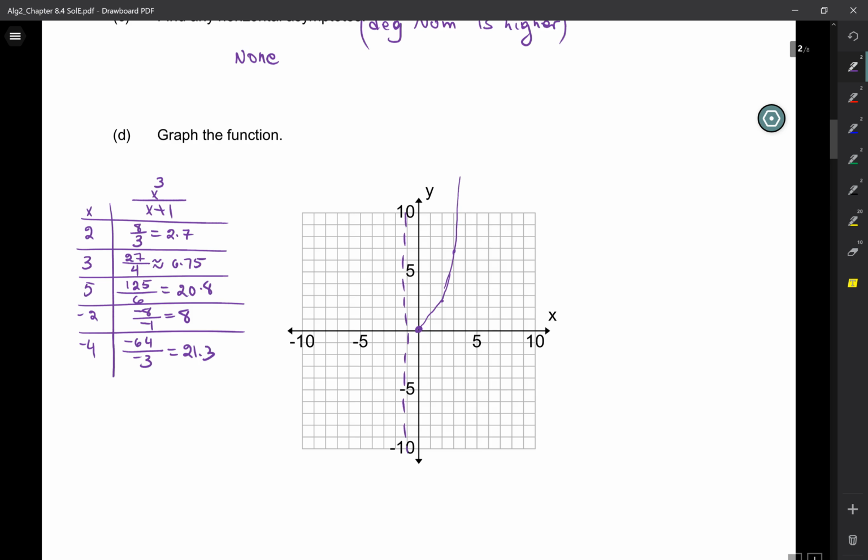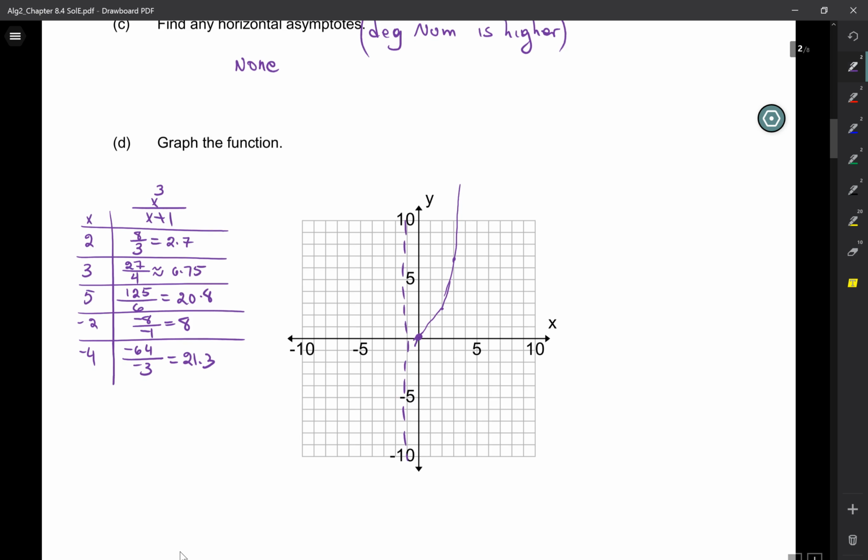Well, it's got to follow that asymptote down here. Okay, so it goes down there. Does that work with everybody? Right next to it. I'm trying to get it to the right amount of closeness here.